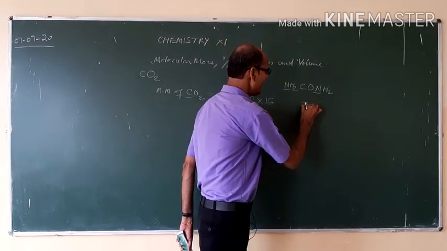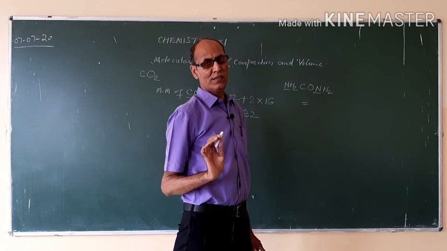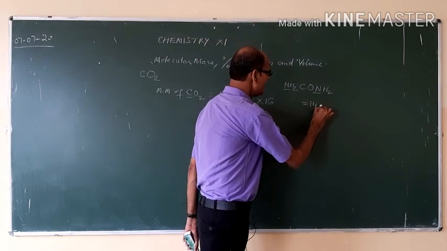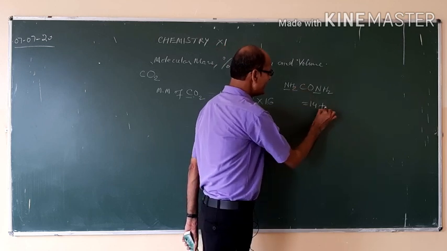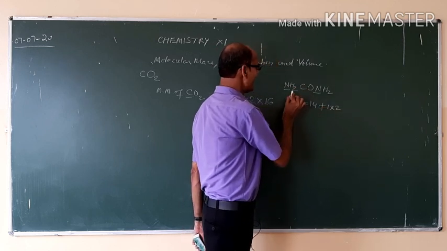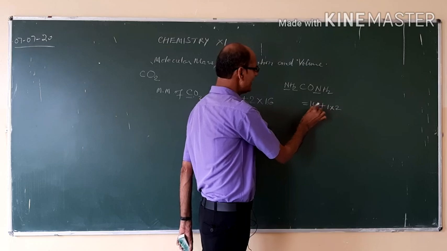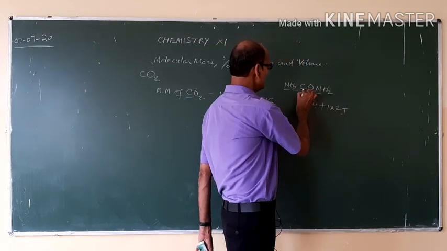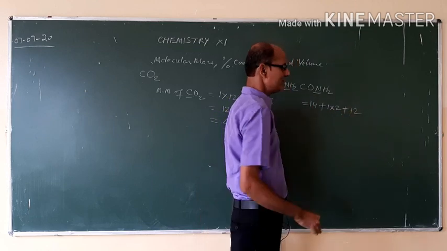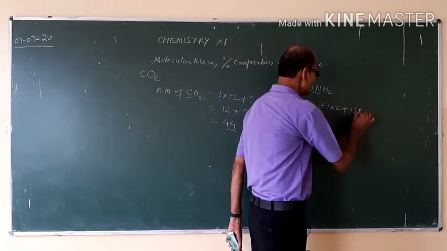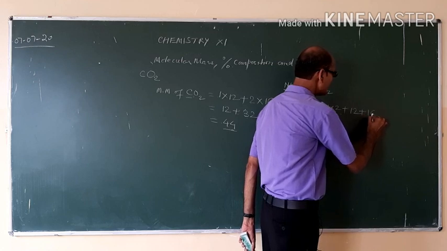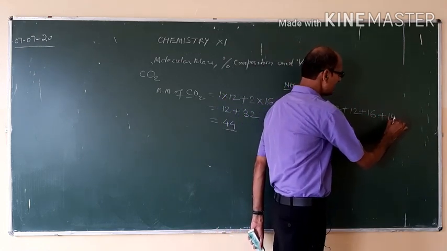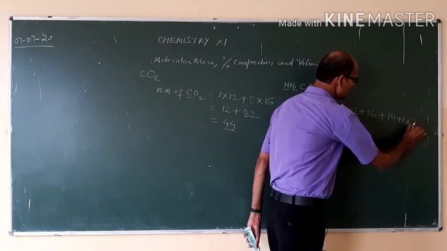So when we write the molecular mass: 14 plus 1 into 2, that means the atomic mass of hydrogen is 1 and there are 2 atoms, plus 12 for carbon, 16 for oxygen, plus 14 plus 1 into 2.